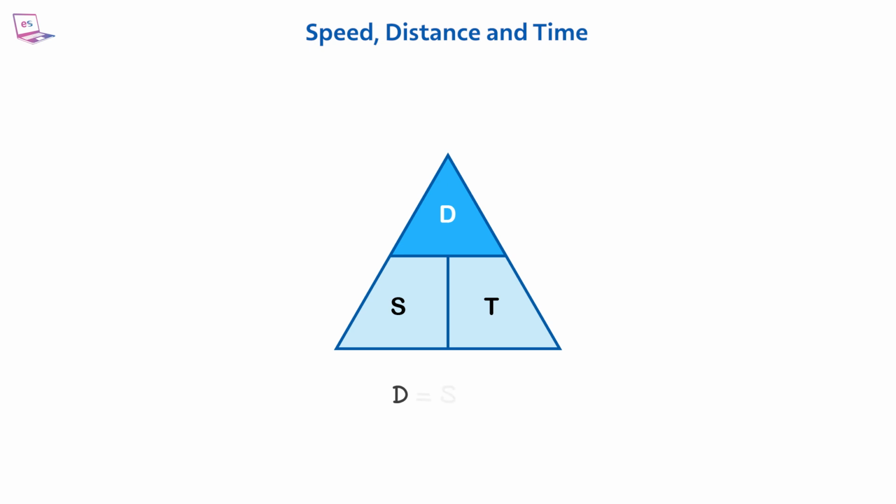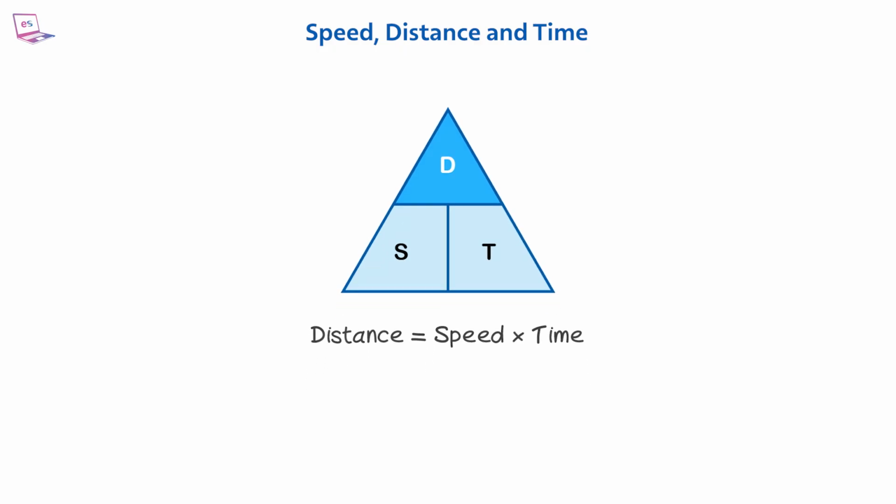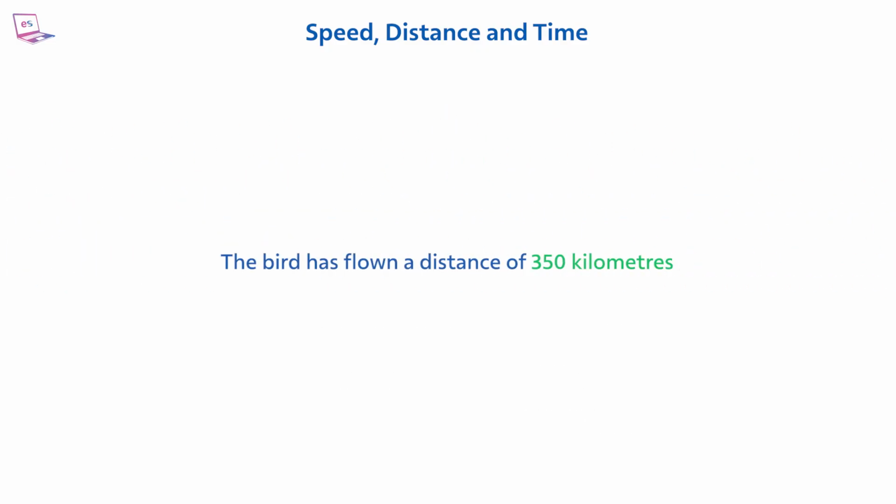Then, we get the formula as s times t. That is, you need to multiply speed with time to find the distance. Let's substitute the values in the formula. Distance equals 70 times 5, which equals 350 kilometers. So, the bird has flown a distance of 350 kilometers.